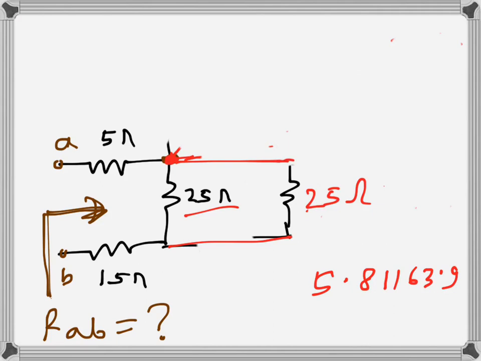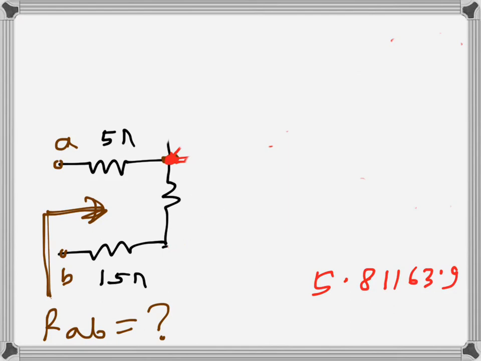Now these two 25 ohms are coming in parallel, so they are of equal value, and the equivalent will be half of this value, which is 12.5 ohms.